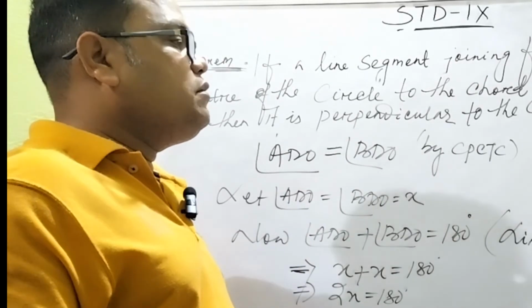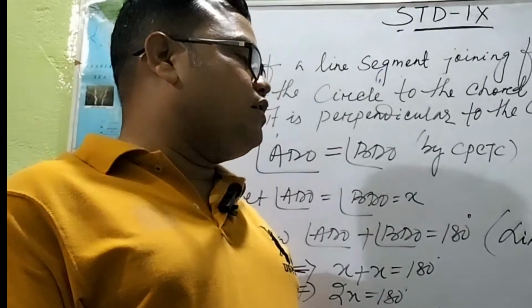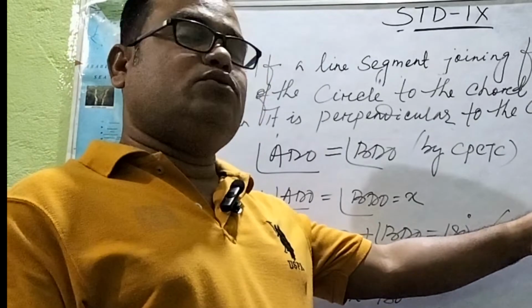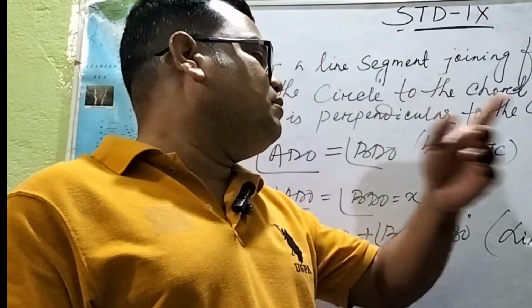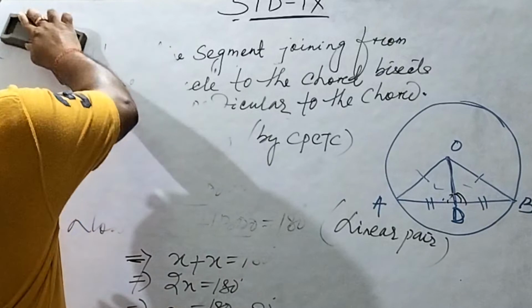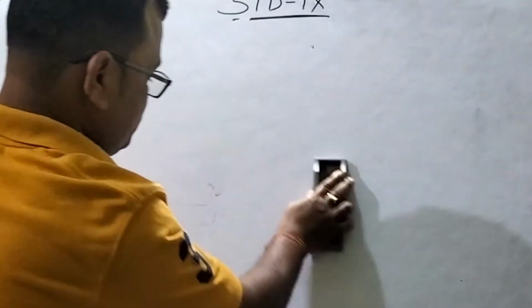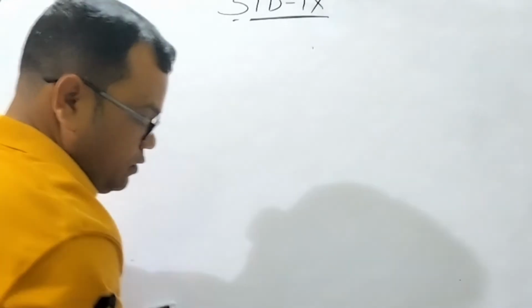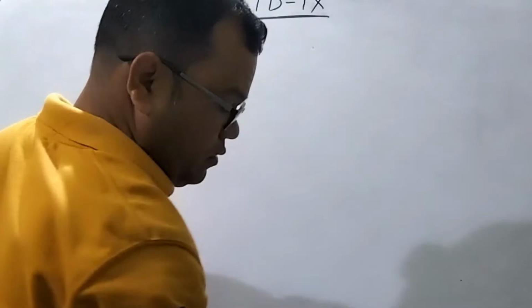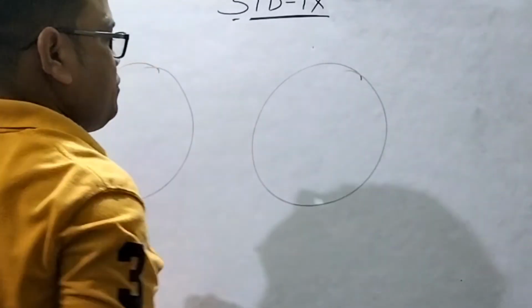Now this theorem has been proved. So from these two theorems, yesterday I discussed one and today the other. Let us consider another figure. From these theorems, you should remember one thing. Here I am constructing two circles, this one and this one.